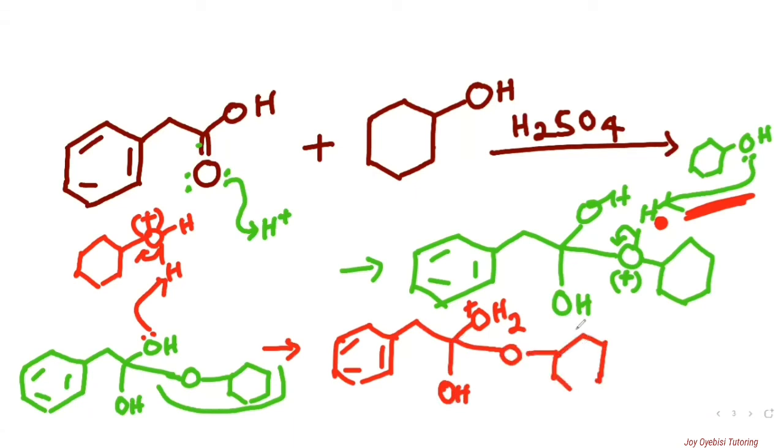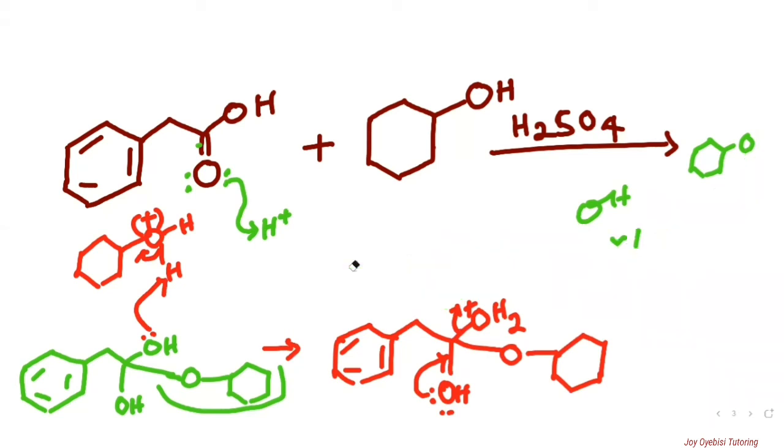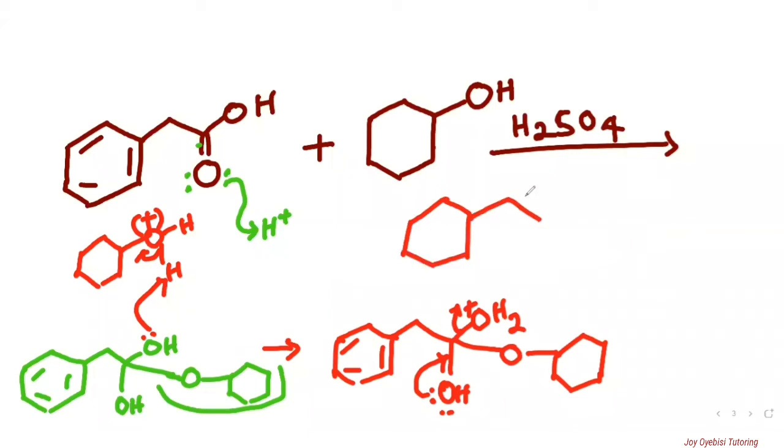So at this point, the lone pair on this oxygen is going to come back to form the double bond, and as it does that, this bond will be kicked off. Okay. Therefore, from here, we're going to get this. The double bond has formed back, but there's hydrogen on this oxygen. You have a positive charge, and you have this. This was removed, right? So you only have this now left.